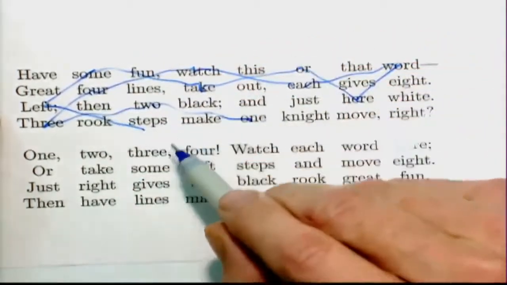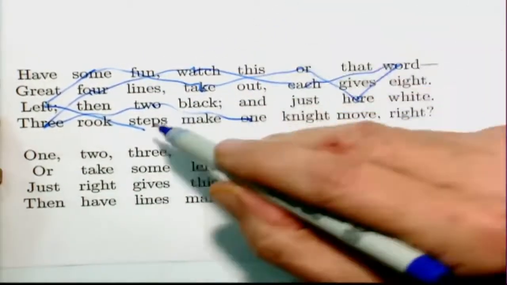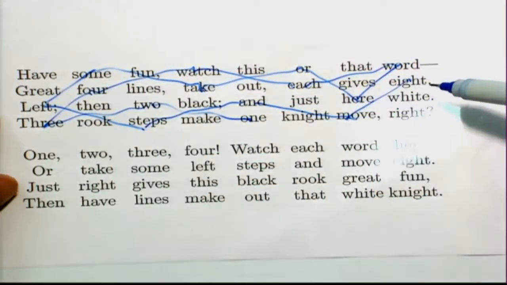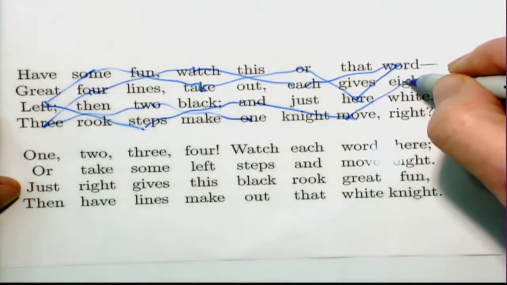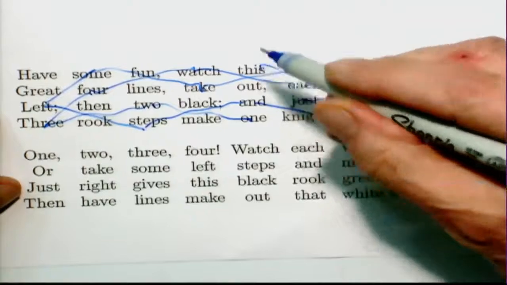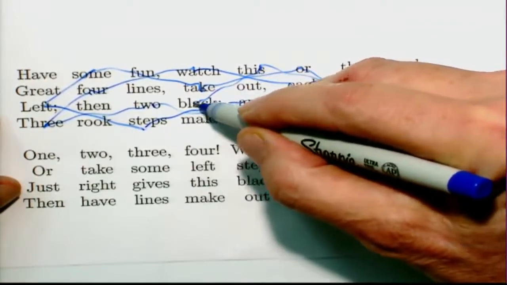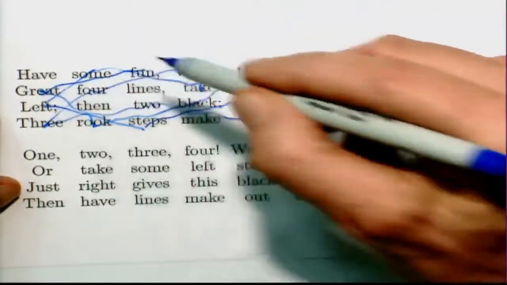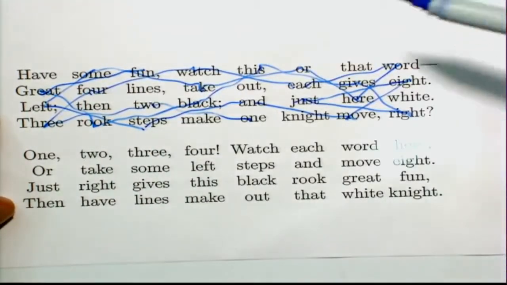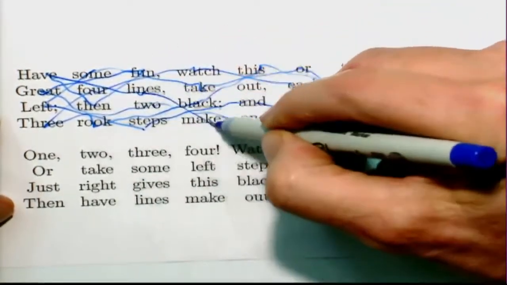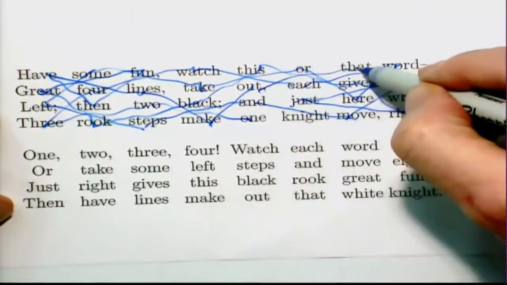Just right gives this black rook great fun. Then have lines make out that white knight. Okay, there we go.